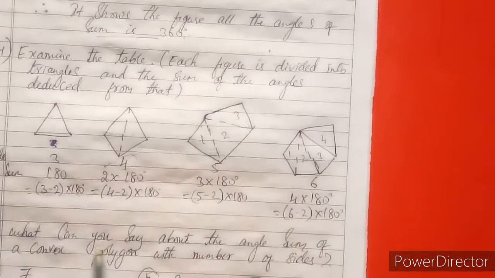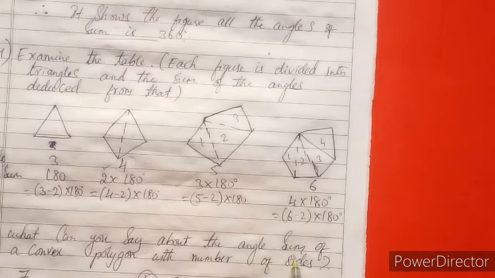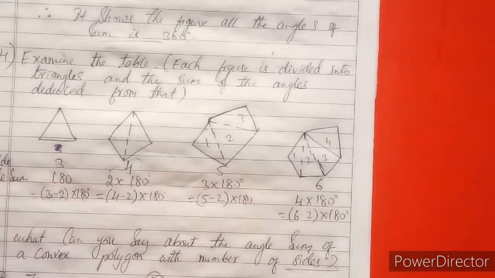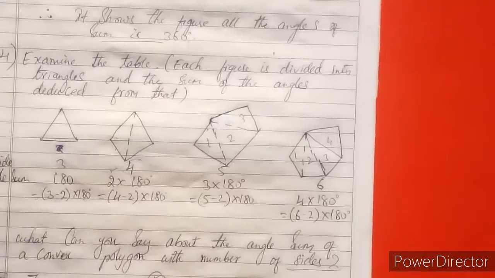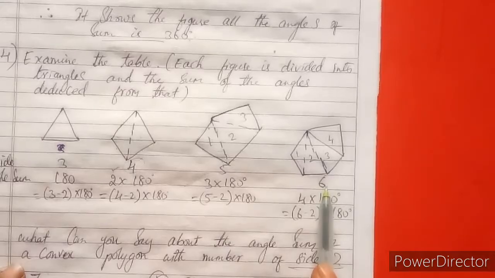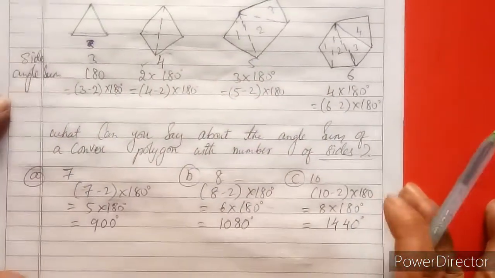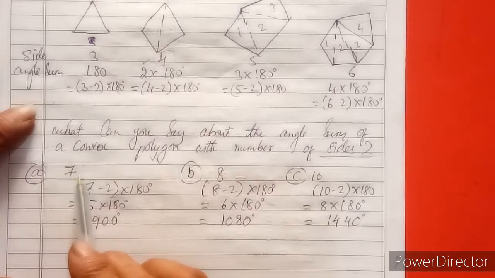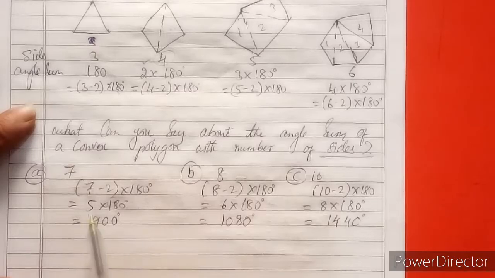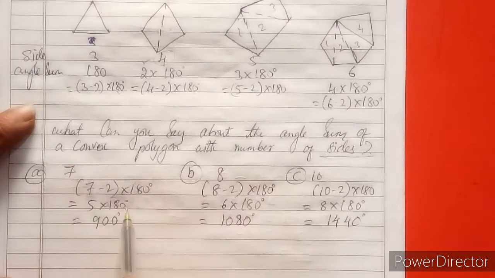And what can you say about the angle sum of a convex polygon with the number of sides? That is the first question, already given, you understood that. The first one is given 7, the number of sides is given. Here how did they give? 3 side, 4 side, 5 sides and 6 side, like that only they gave. The A1 question is given 7 sides. Then we can take 7 minus 2 into 180 degree, the same form. 7 minus 2 is 5, 5 into 180 degree, what will we get? 900.